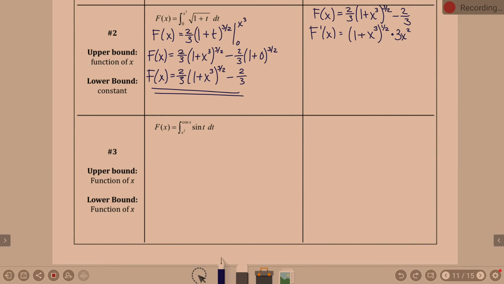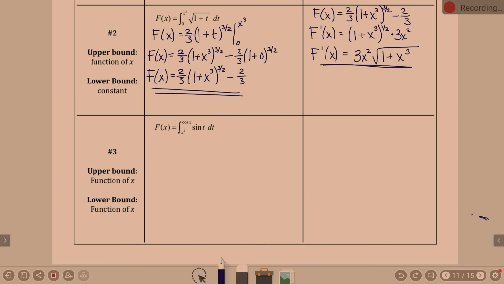That is 0, nothing. Now, if you rearrange this, you can put the 3x squared out front, and it's the square root of 1 plus x cubed. Does that match what our original was?